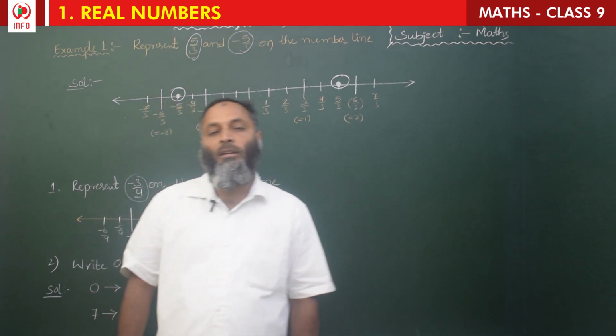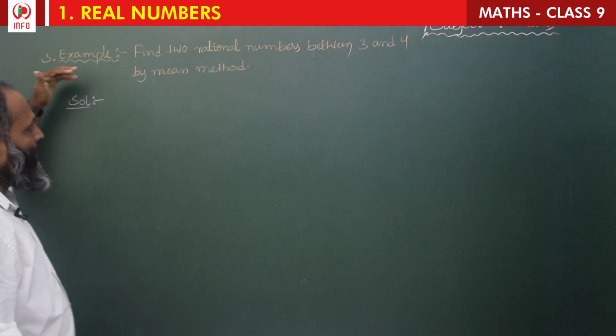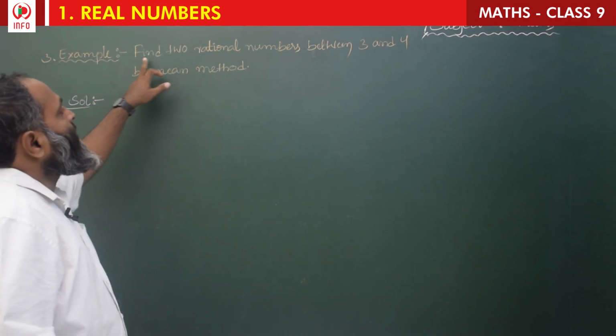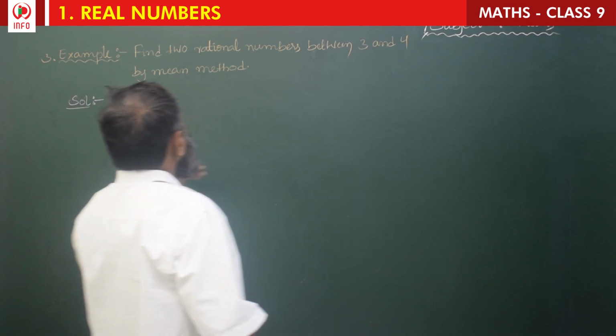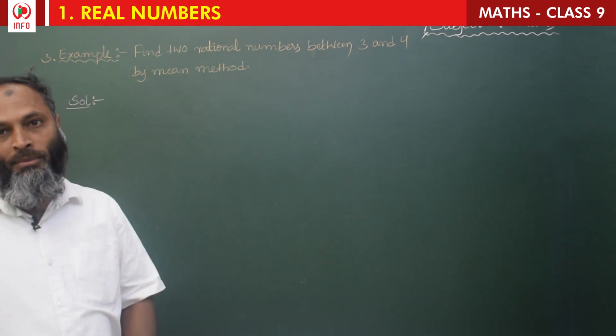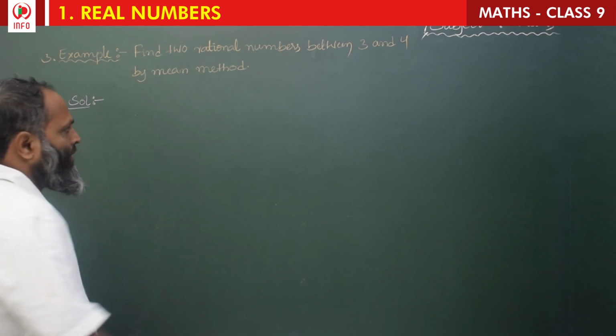Okay students, now in example 3, what is he asking? See students, we have to find two rational numbers between 3 and 4 by the mean method. Here we should apply the mean method to find rational numbers. What is the mean method?